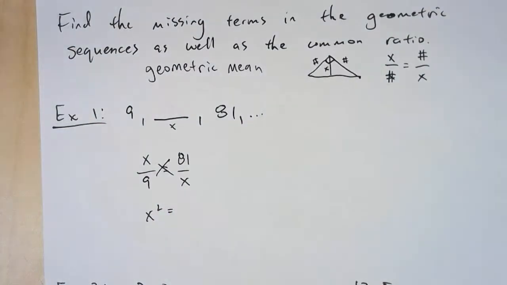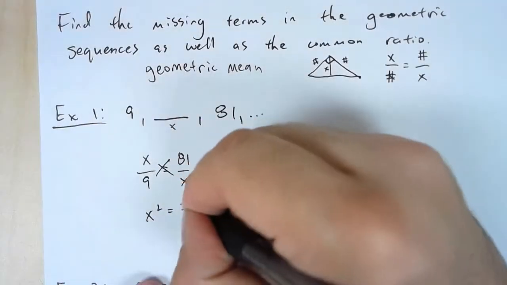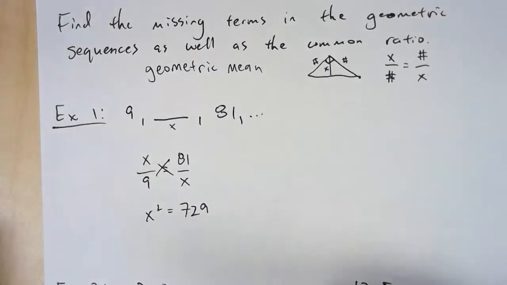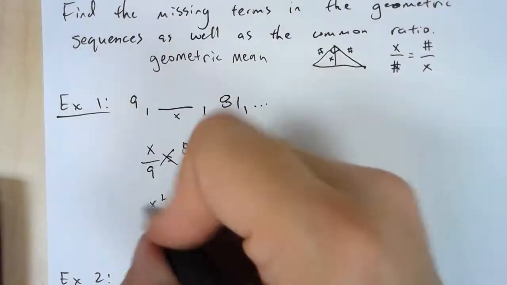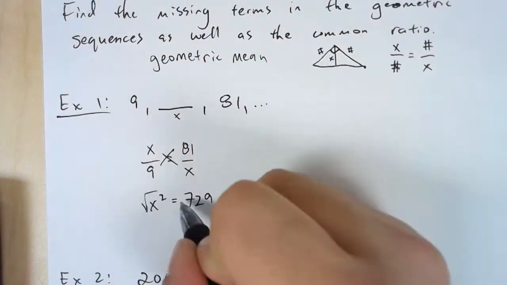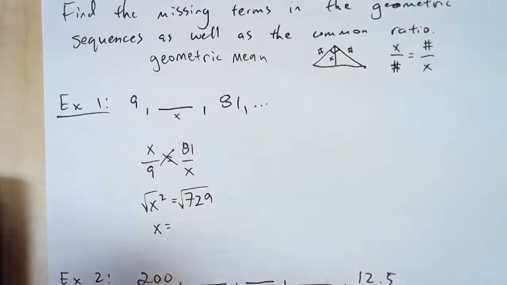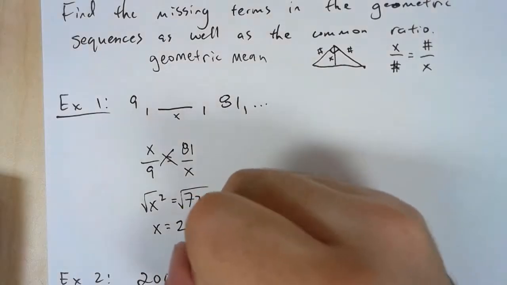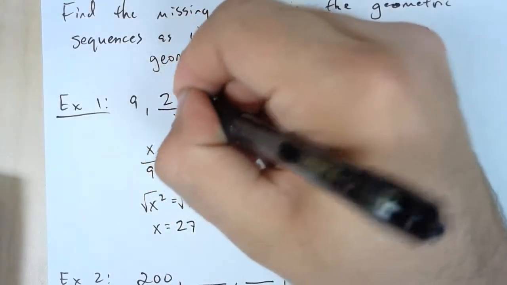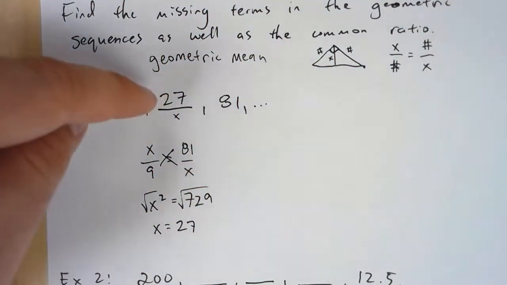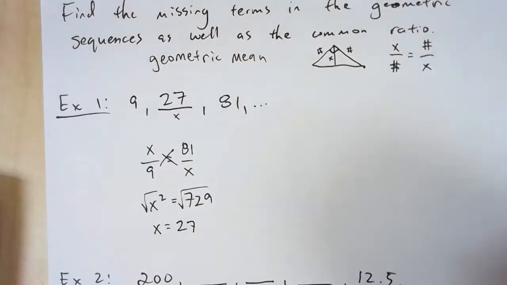So 9 times 81 is going to give us 729. So we got x squared equals 729. Let's square root both sides. So x equals the square root of 729, which gives us 27. So let's see if we can make this work. So 9 times something gives us 27, and 27 times that same something should give us 81.